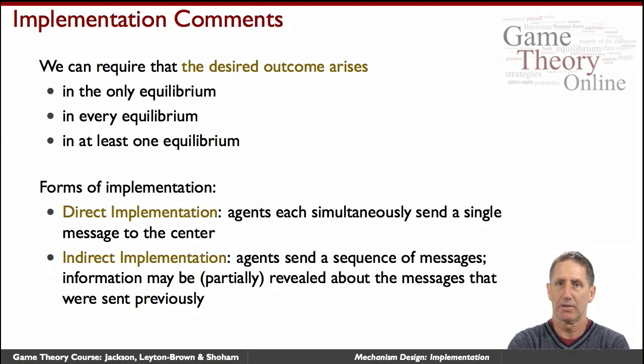That'll be a direct mechanism, whereas an iterative mechanism would say, for example, in a voting situation, let's speak about plurality with elimination.